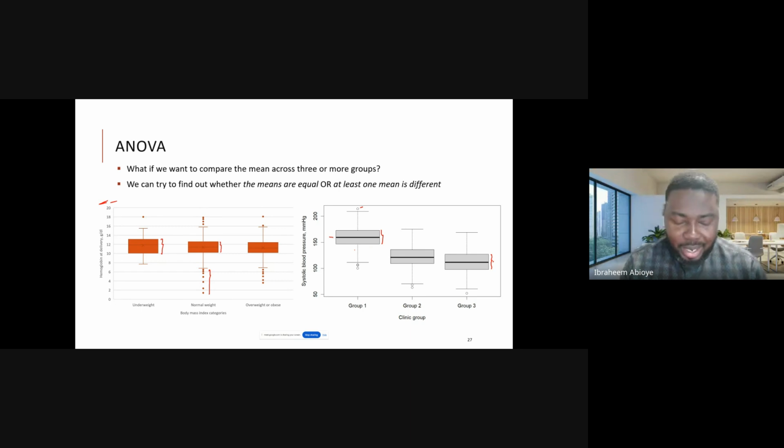So let's go back. Thank you very much for calling that out. This line here in this plot is the mean, and is likely to be the median as well, because this is normally distributed, it's not skewed.